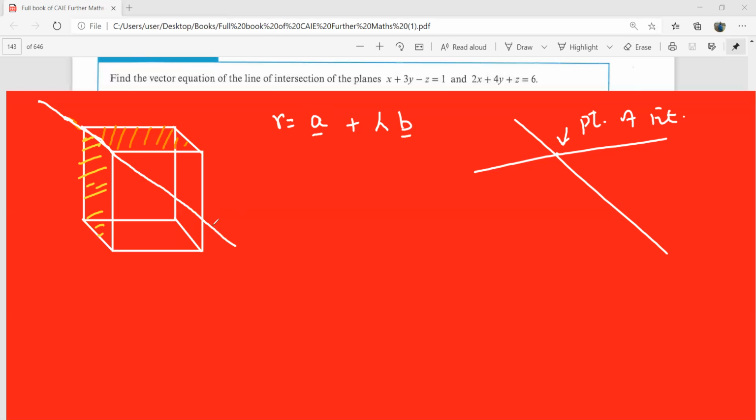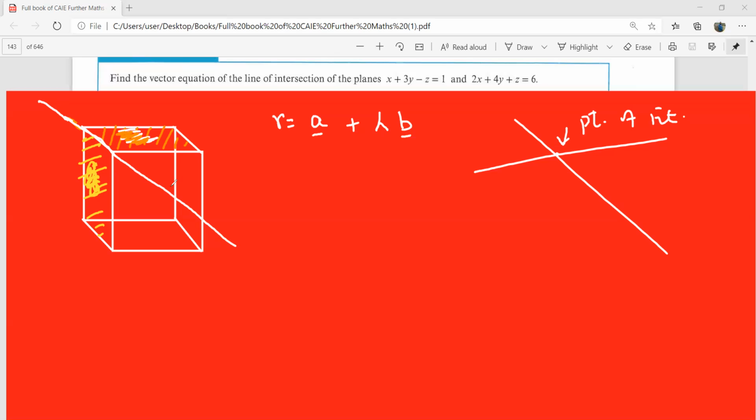So if we are going to find the equation of this line, then you must agree with me that the normal to this plane and the normal to this plane are both going to be perpendicular to this line.